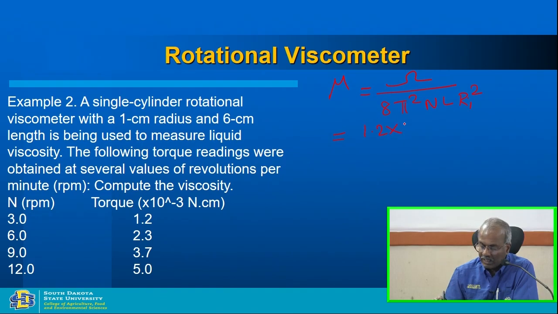So 1.2 times 10 power minus 3 Newton centimeter divided by 8 pi square times n, which is 3 revolutions per minute, but it needs to be revolutions per second, so 3 by 60, times the length, which is 6 centimeter, so you have to divide that by 100, you get meters. 1 centimeter radius, which is 1 by 100 meter, square.